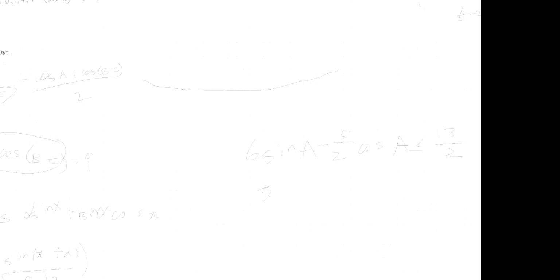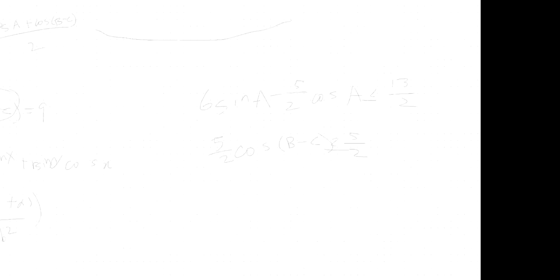Now we can look at this side. The maximum of 5 over 2 cosine of (B minus C) is also 5 over 2, because the max of any cosine is 1. But you see that they have to add to 9.